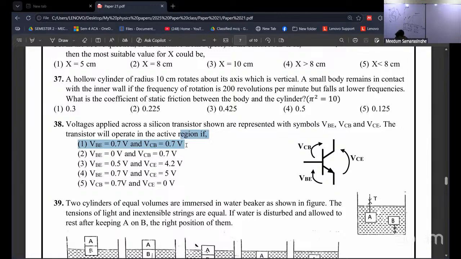Base emitter is 0.7. Collector base is given, right?